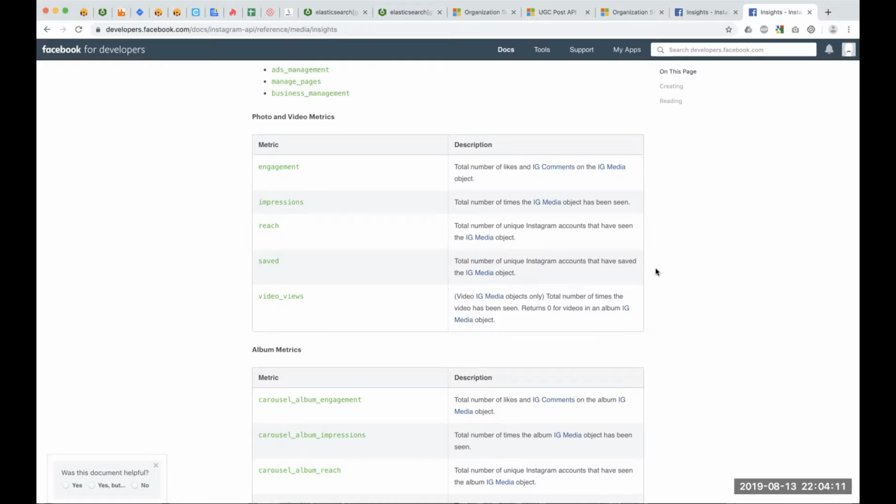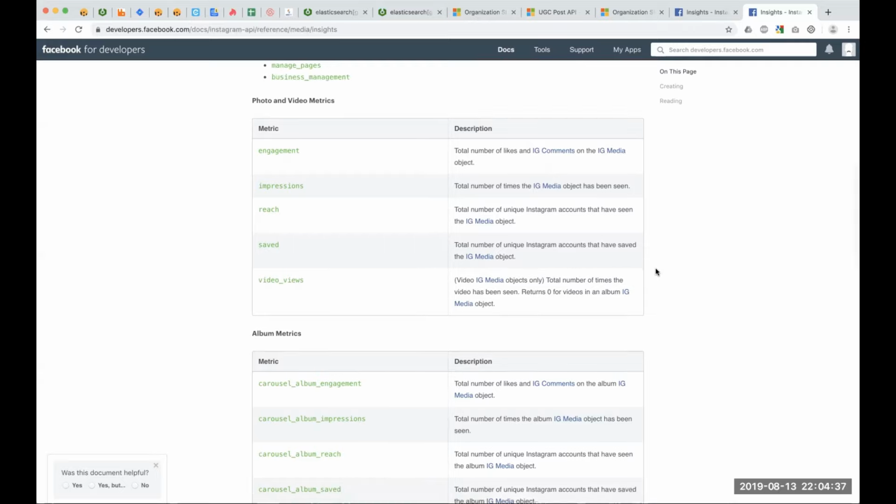For instance, if I post a photo and 5 people see that photo, the reach is 5, but the impressions might be 7 or 10 if some of those accounts have seen the photo multiple times. Saved, so who of those unique Instagram accounts have saved the object, and video views.